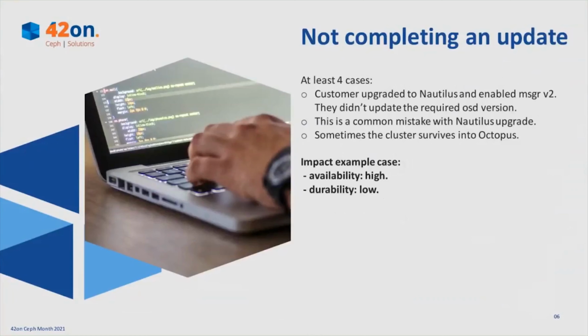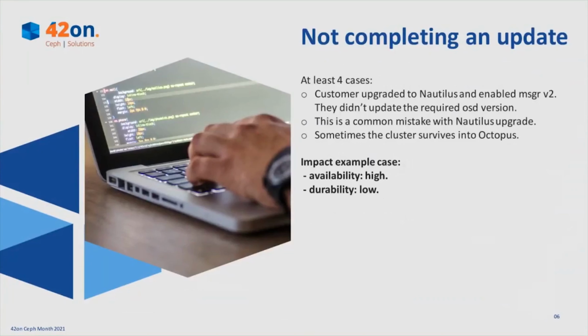We also found a couple of interesting cases where people didn't complete the update. In the Ceph documentation, there's an update guide, but it's not specific to a release. It's a generic update guide.